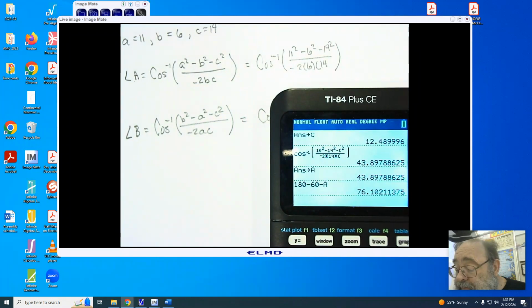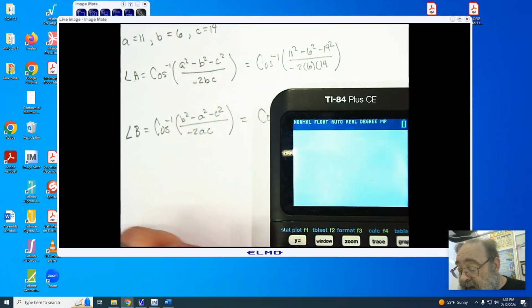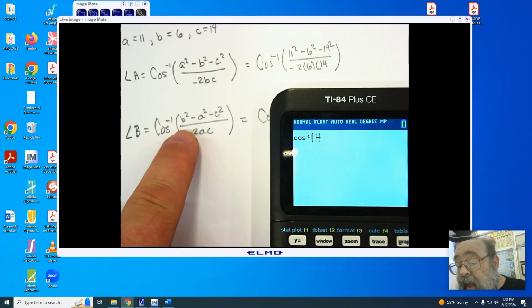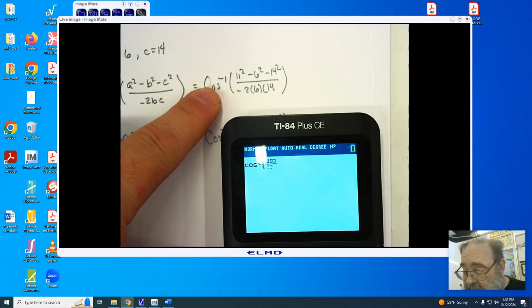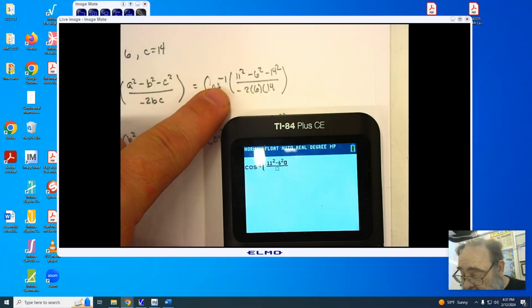Here we go. Second function cosine, alpha y equals. Then we're going to put 11 squared, so I'm using this formula, 11 squared minus 6 squared minus 14 squared, divided by negative 2 times the 6 times the 14.